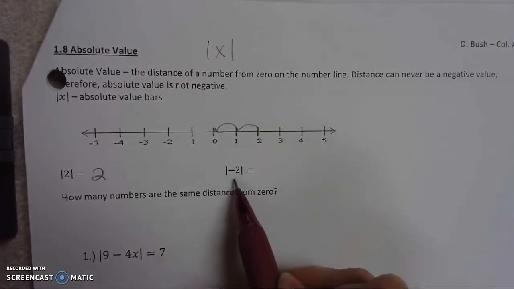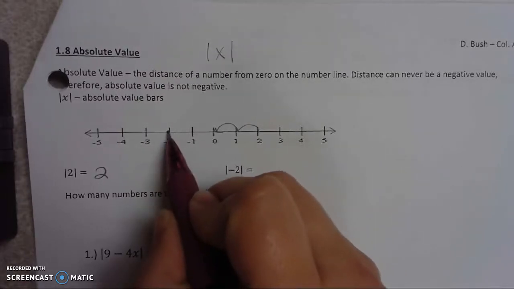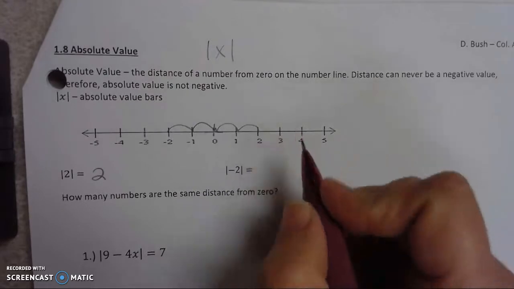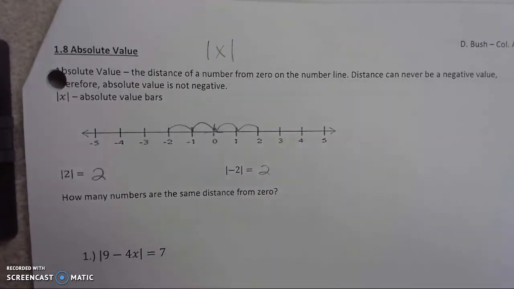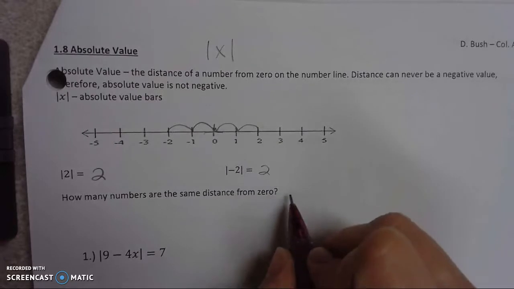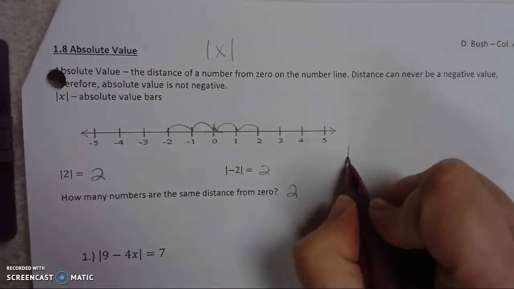Then I want to look at how far negative 2 is from 0. Well, if I go to negative 2 and I count back to 0, I find that negative 2 is also a distance of 2 from 0. So if you're thinking about how many numbers are the same distance from 0, there are always 2 who have the same distance.